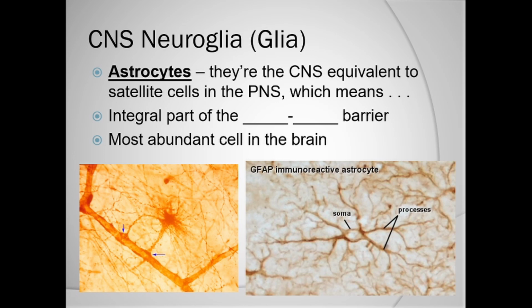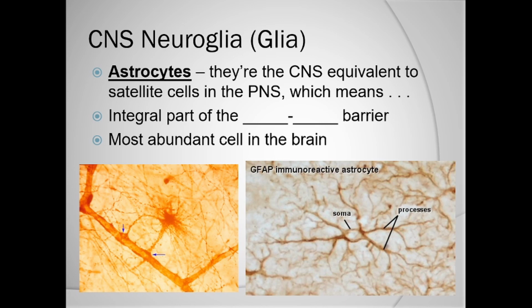The astrocyte is that dark orange thing that kind of looks like a star with two legs coming out of it. And they're connecting the blood supply, where you can see it connected to the brain capillary, to the rest of the neurons.